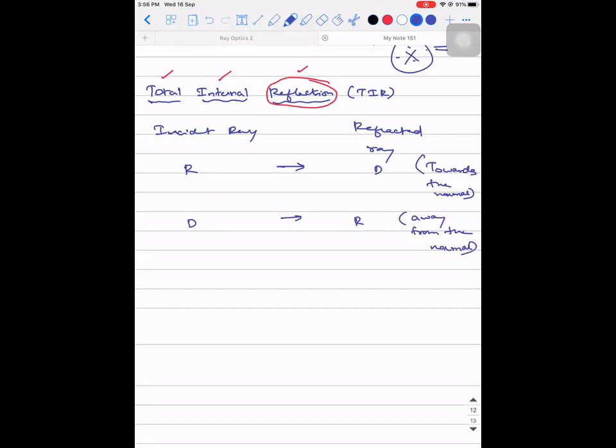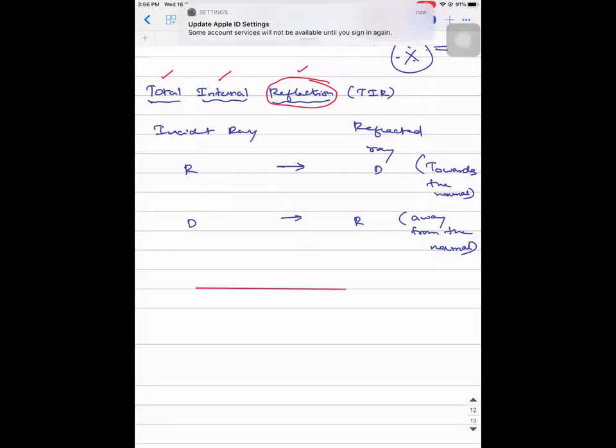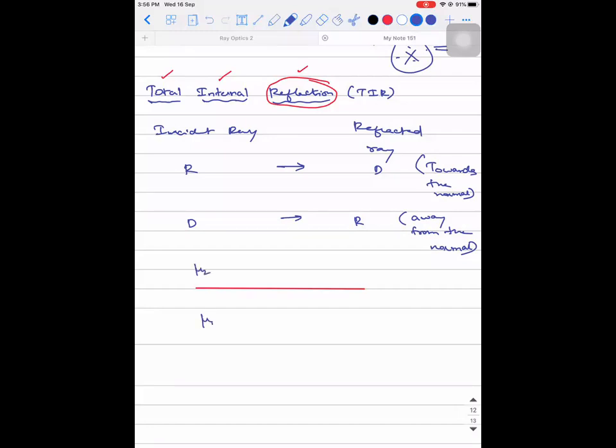Now let's see under what scenario this total internal reflection is going to occur and why. Let me take the first scenario. I have a boundary separating two media, mu1 and mu2, rarer and denser. A light ray is incident on the boundary.